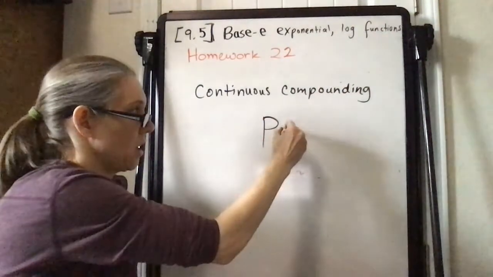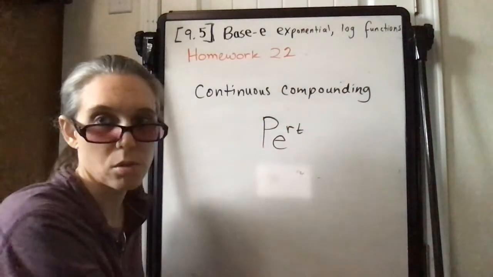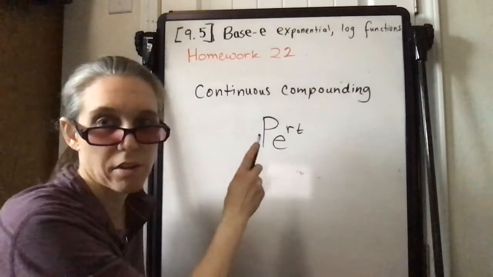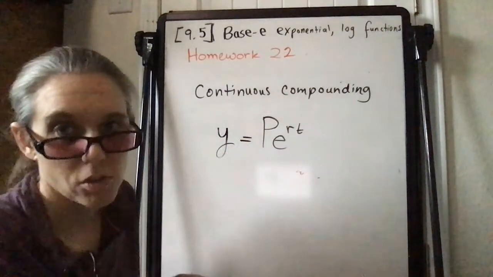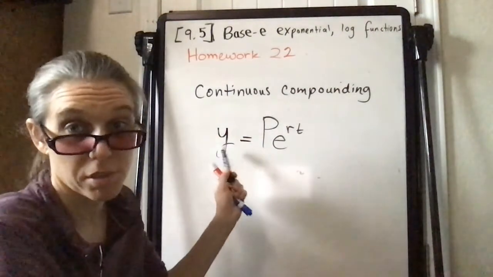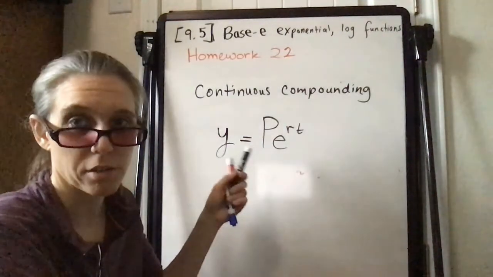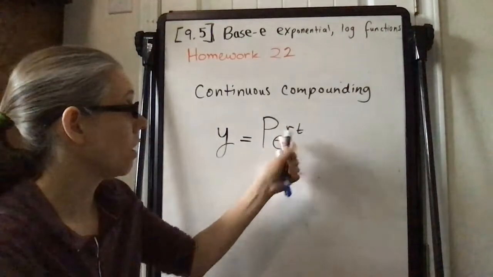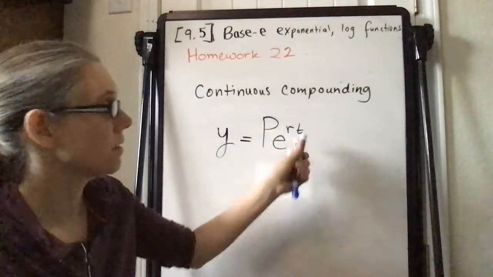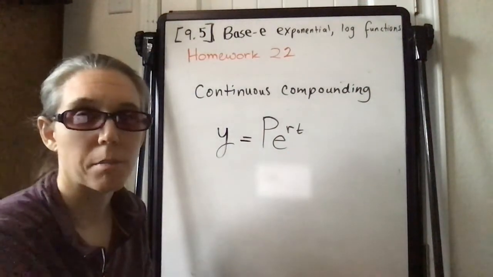There used to be a shampoo called Pert, and this is how I remembered this. You just use Pert. P is the principal, the original amount that you're investing. e is the number e on the calculator. r is your interest rate, and t is the amount of time.